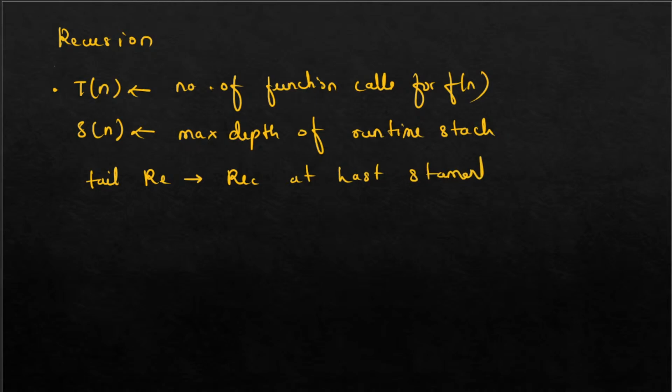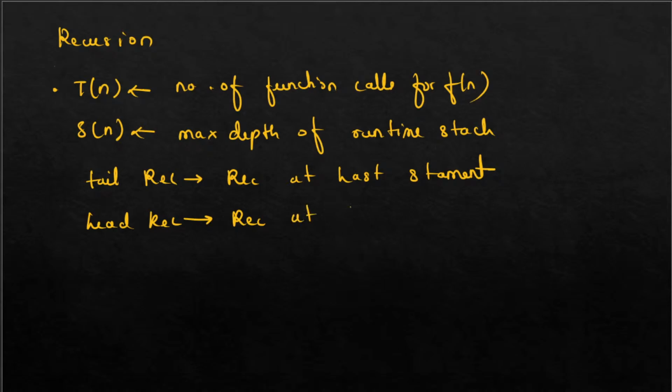So what is tail recursion? See, if the code is there and at the end of the code the recursion happens, that is called tail recursion. Opposite to this is head recursion. I am denoting recursion as REC.